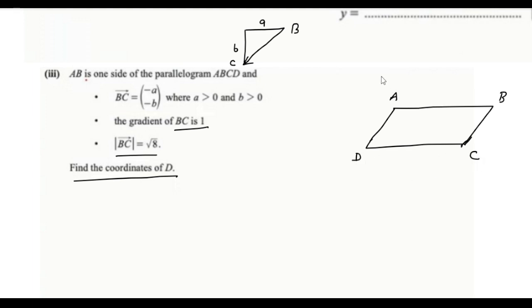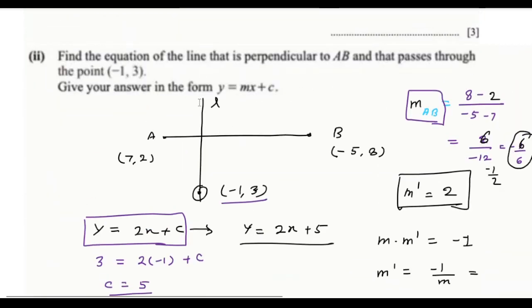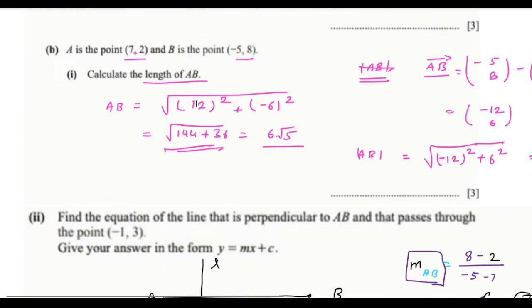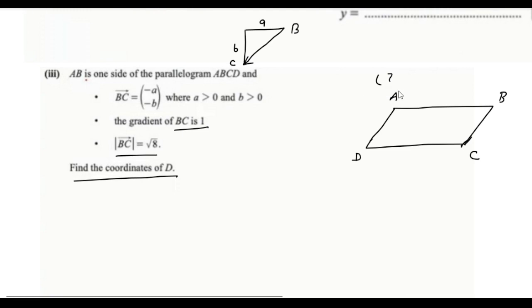Okay. Now A was (7, 2), B is (-5, 8), and here vector BC is (-A, -B). So I am going A unit left and B unit down. Then my coordinate for C will be (-5 - A, 8 - B).